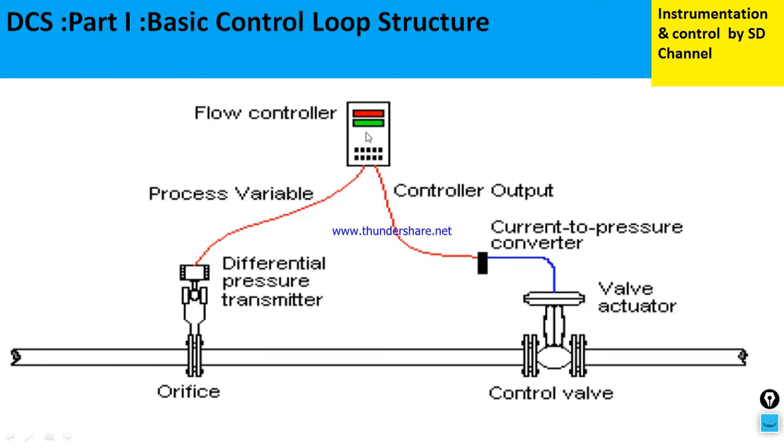Your set value is 30 tons per hour, so there is a deviation of 5 tons per hour. To make up this 5 tons per hour, you have to open your control valve. So the controller will give the required output to the control valve to maintain that flow. This is how the controller works. So the flow controller works as a microprocessor or microcontroller system. You can think about it that way.